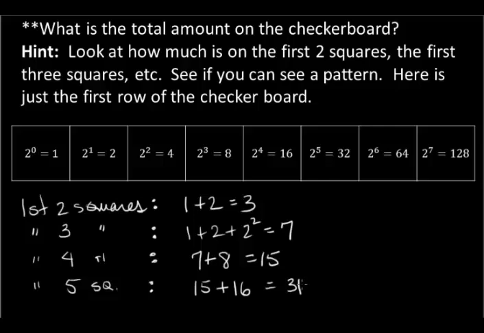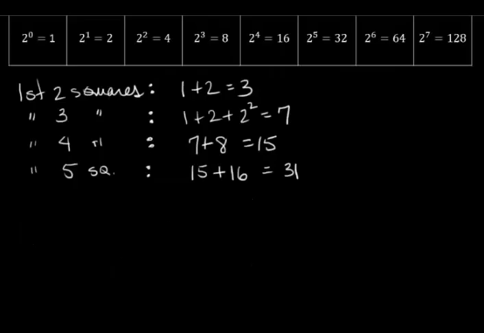Look at these numbers, 3, 7, 15, 31, and look at your numbers that you have written down. See if you see a pattern. When I ask you to do something like that, put the video on pause and see if you can see it yourself. In case you haven't, let's write how much is on the first 6 squares.